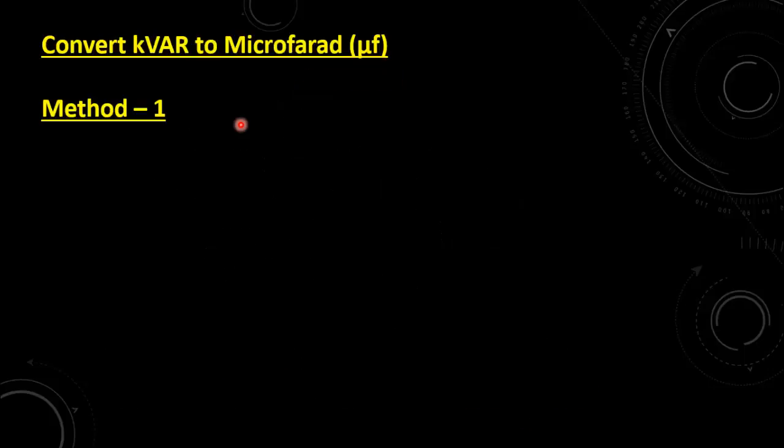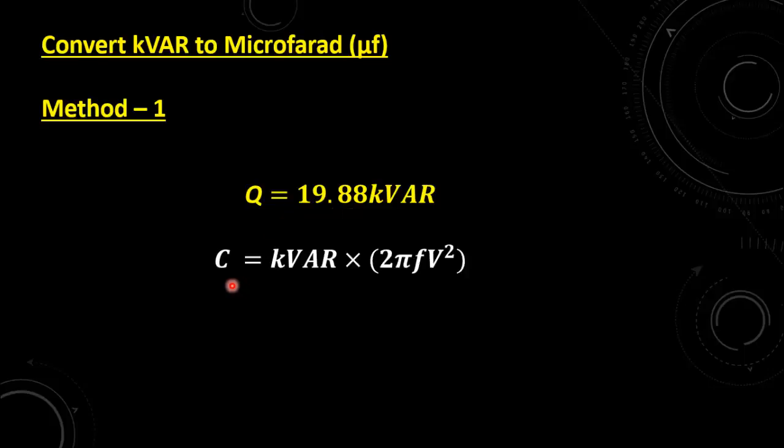Now the next part of this video is to find the value of the capacitor in microfarad once we know the total kVAR. There are two methods to find the value of the capacitor in microfarad from kVAR. Here is our system kVAR, 19.88, which needs to be added to the system. We will use this formula, which states that C equals kVAR divided by 2 pi times the frequency of the system times the three-phase voltage squared. Since I am taking the three-phase total kVAR, I am using the three-phase voltage.